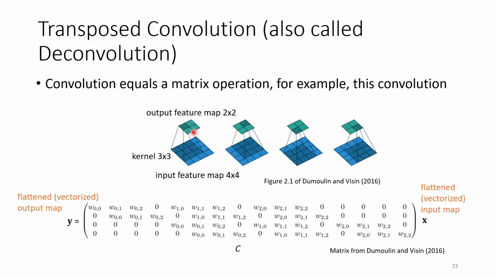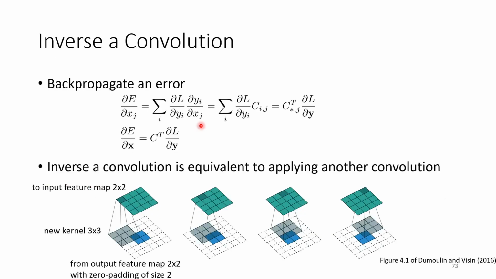So in this example, the green pixels are our output matrix or output layer. Here, we want to reconstruct the 4x4 layers from the 2x2 layers.